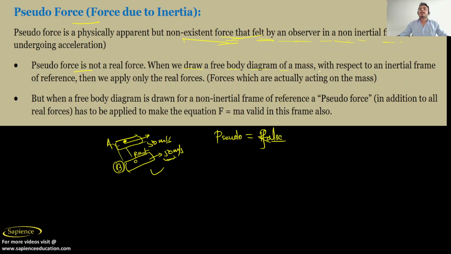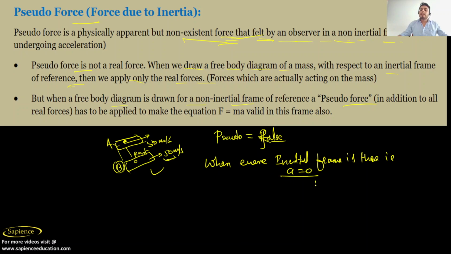When we draw a free body diagram of a mass with respect to an inertial frame of reference, then we can apply only real forces. But when the free body diagram is drawn in a non-inertial frame, then pseudo force is required. So whenever, mind it, whenever an inertial frame is there, that is, the acceleration of the frame is 0, then use real force.